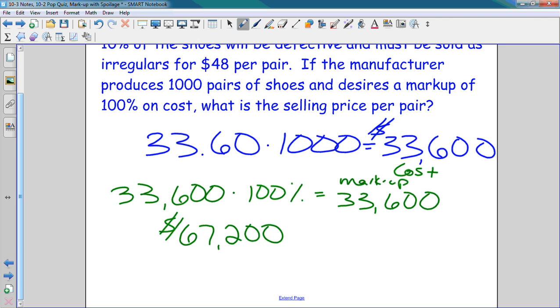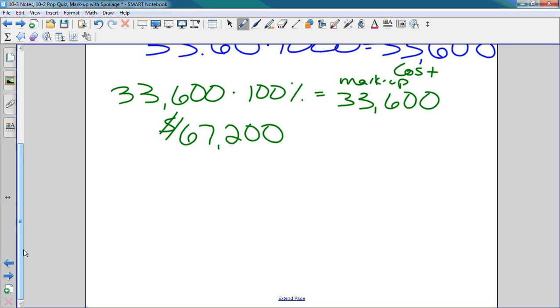But I know that 10% of those shoes are going to get sold at $48 per pair. So how do I figure that out? 10% of 1,000 is what? 100. Let's write that down. So 10% times 1,000 is 100 pairs.